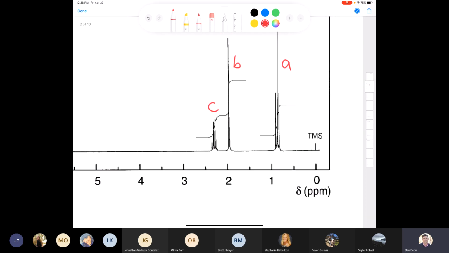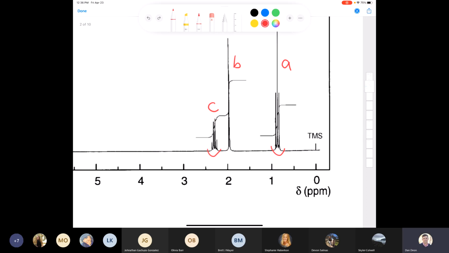You can see that we have a triplet and a quartet. It's hard to tell, but it looks to me like their coupling constants are the same. And whenever I see a triplet and a quartet, that makes me think that I might have an ethyl group. Over here, I have a singlet.